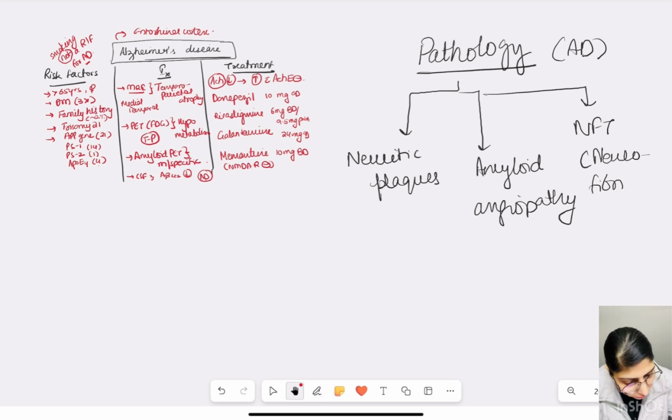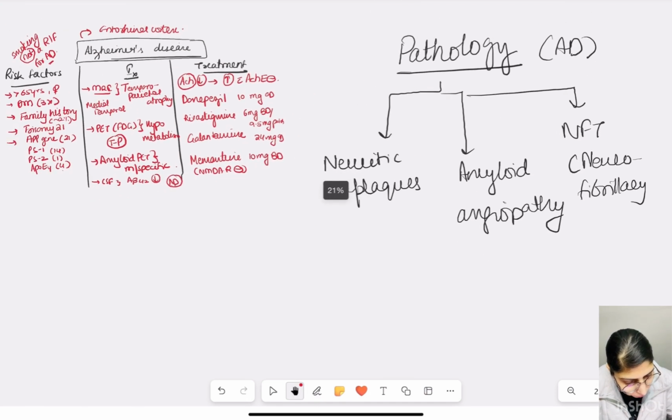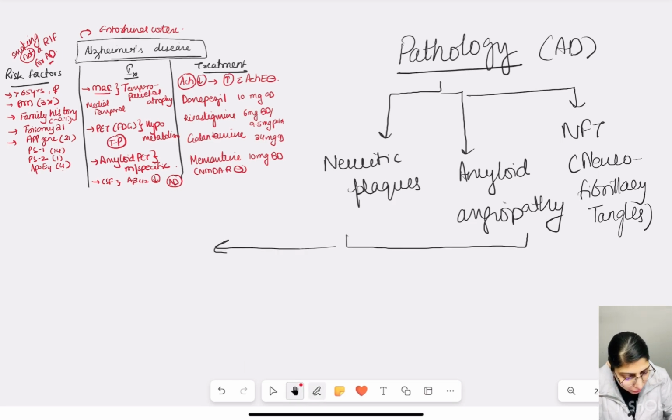I will write that down for you. So when we talk about neuritic plaques and amyloid angiopathy, this is all related to amyloid.